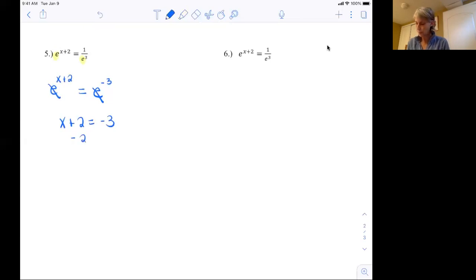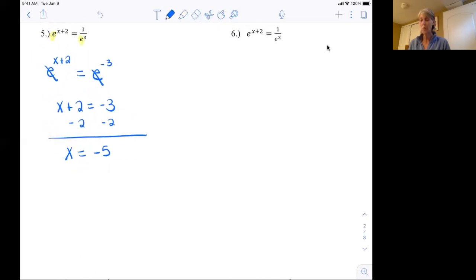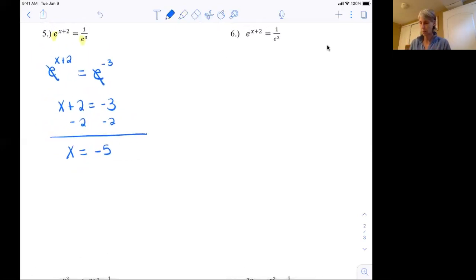Subtract 2, and x is equal to -5. Don't trust yourself, and let's just check this one just to show you, because it's weird seeing a number as a base.